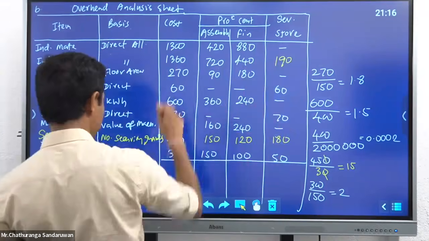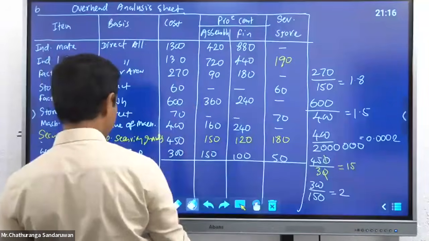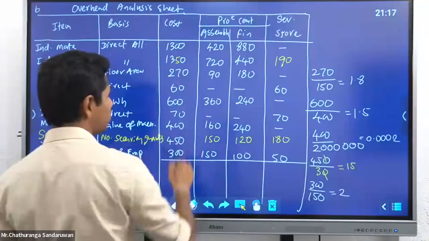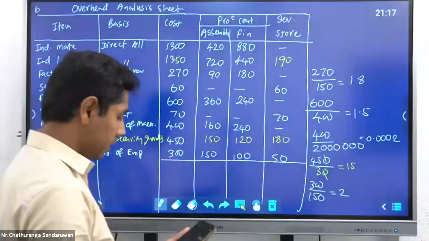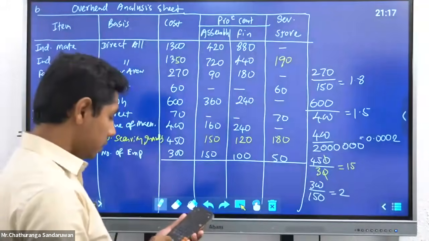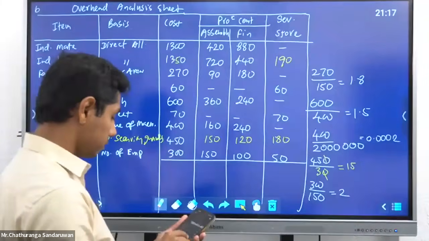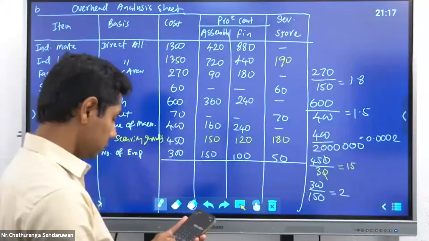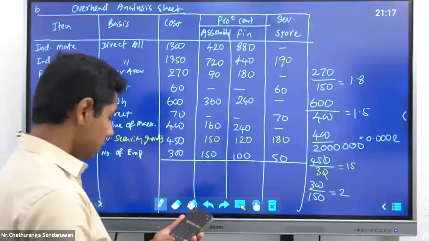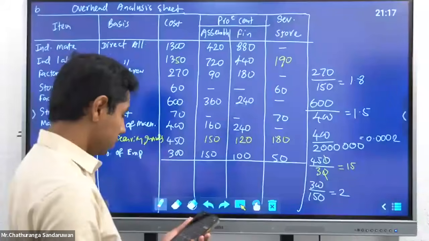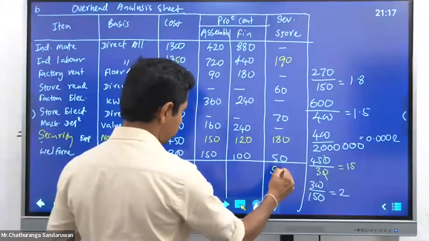Then this will be 1350, right? Please make it 190 plus 60 plus 70 plus 180 plus 50. It's then 550.